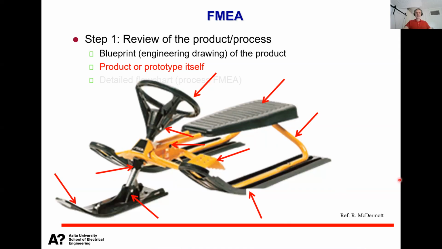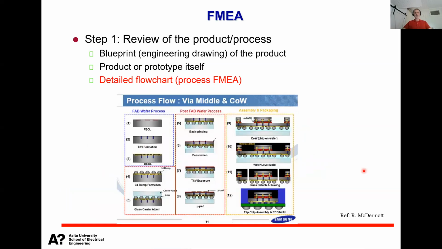And as I said, there's a possibility also that you are not using FMEA on the, let's say, product or device. You can also use FMEA on the process itself. So this is also quite typical in the processing industry.